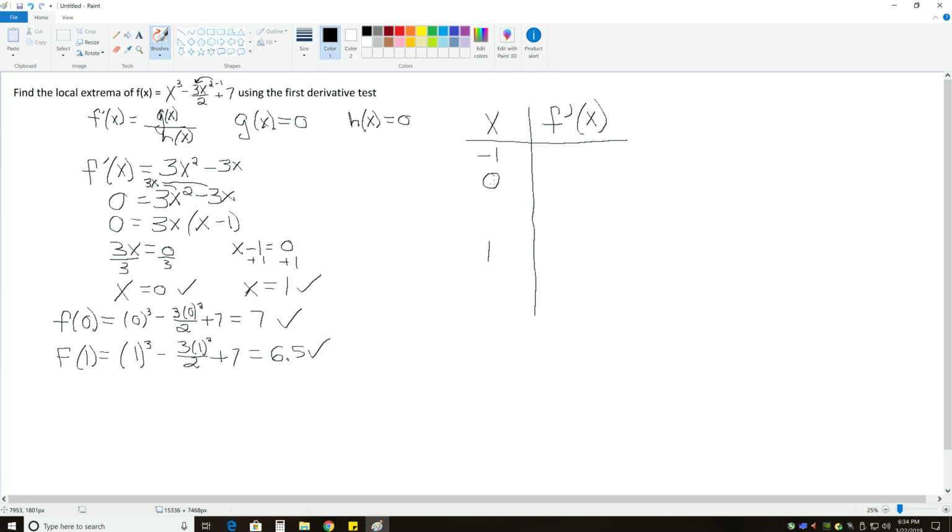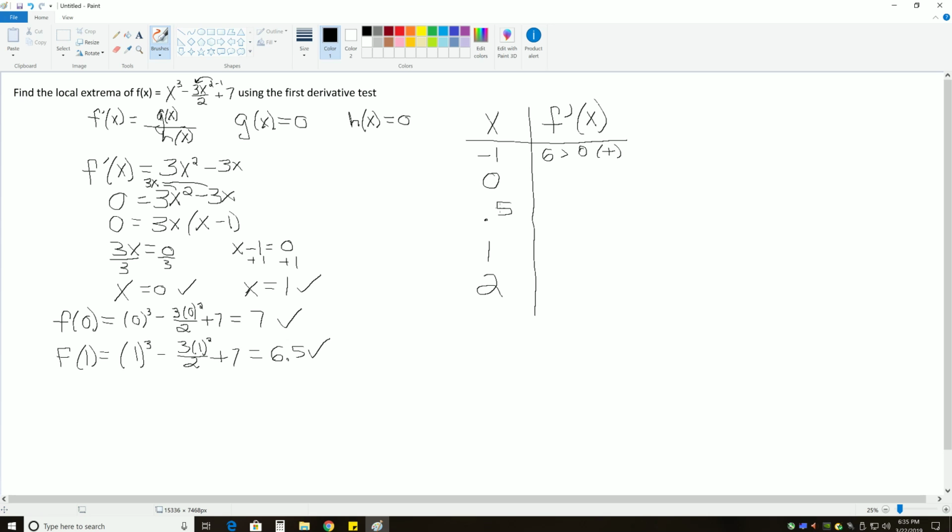We need to test a number between 0 and 1, which will be 0.5. Then a number greater than 1, we'll try 2. So if we plug -1 into our derivative, we'll end up getting 3 plus 3, which would be +6. All we care about is that this number is positive when we're doing the first derivative test.